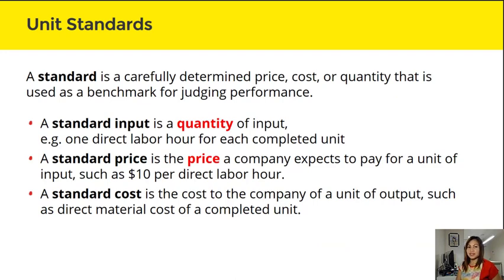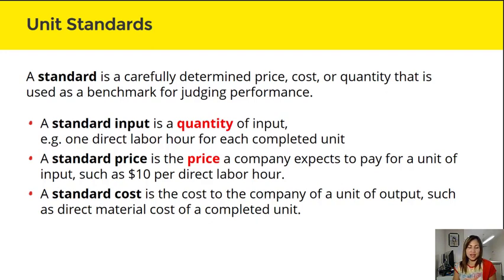Therefore, a standard can be a standard input. If we say standard input, what is your expected quantity of input to manufacture one finished good? For instance, you assume that your staff need to work for an hour to finish one finished good.